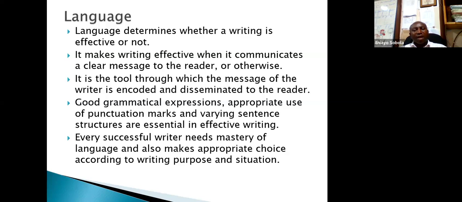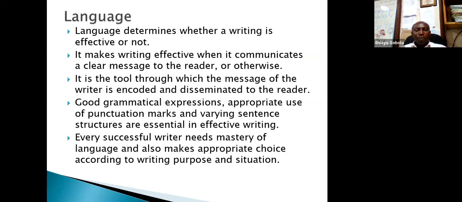Because if you have a wonderful idea, brilliant idea, but you lack language, how will you compose or construct your writing? And for you to construct effective writing, you need the tool, and that tool is language.